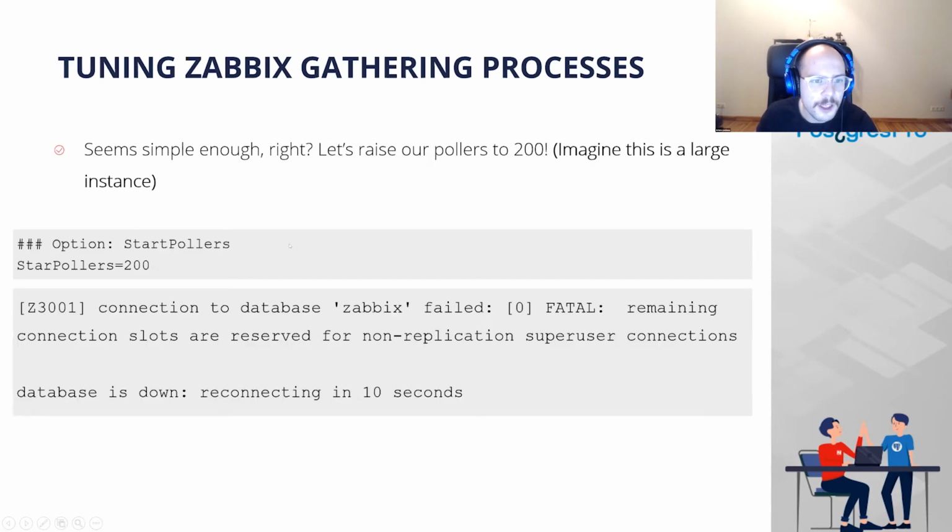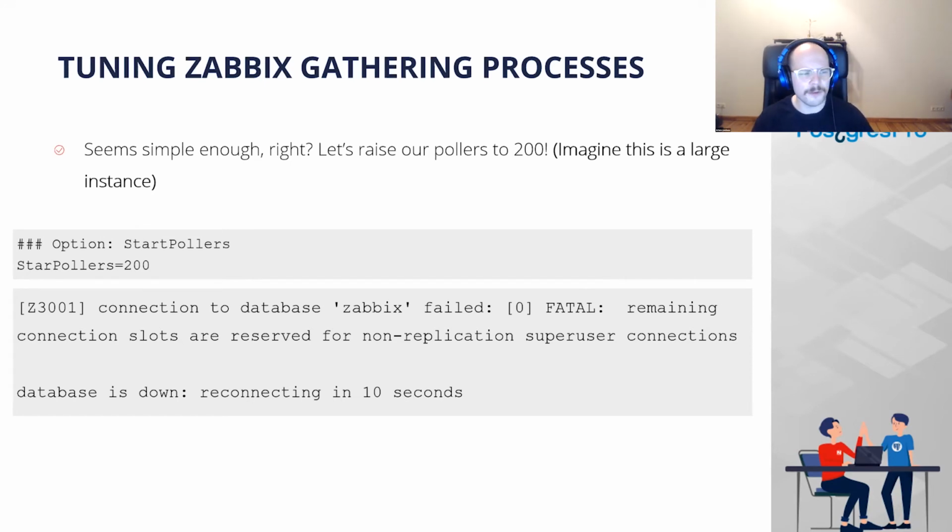Well, we actually do. If we raise our pollers to 200, you may see something like this: remaining connection slots are reserved for non-application superuser connections, and we are unable to connect to the database. Let's see this in action.